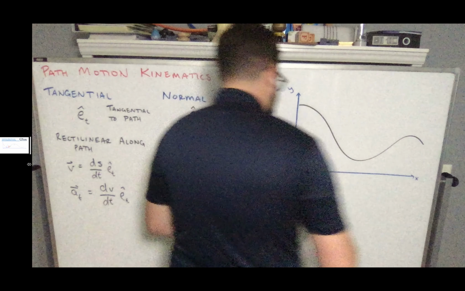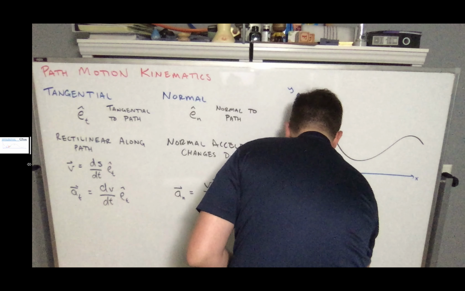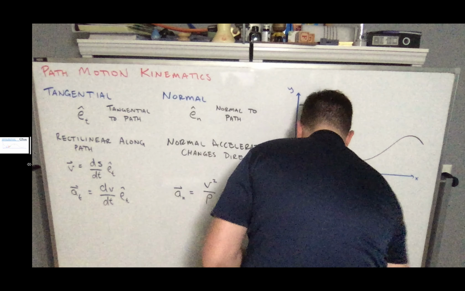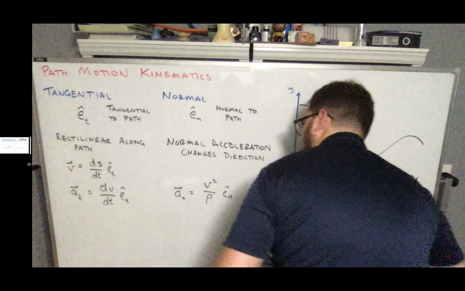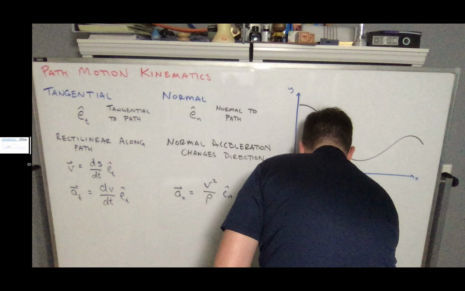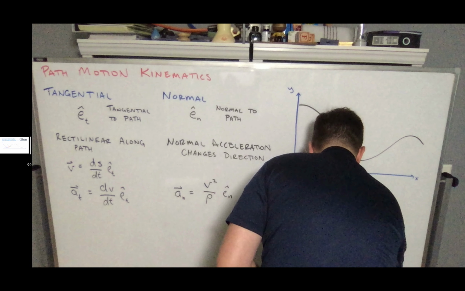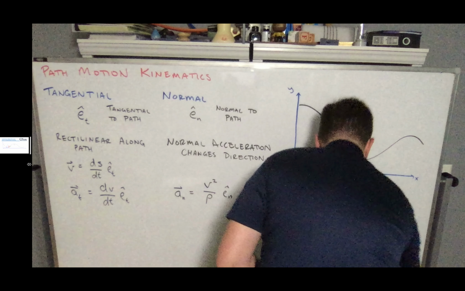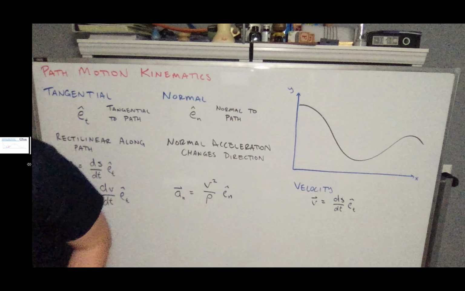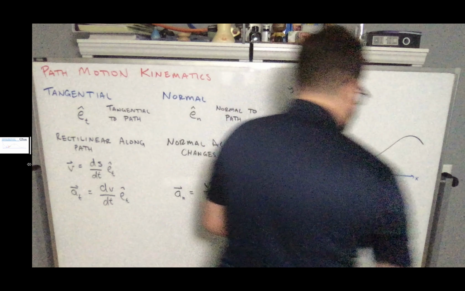So at any given point, v is equal to ds dt in the tangential direction. That's in your FE reference handbook on page 78.